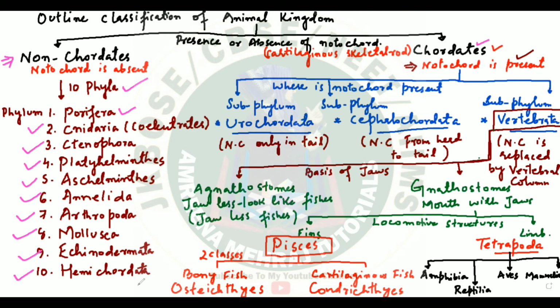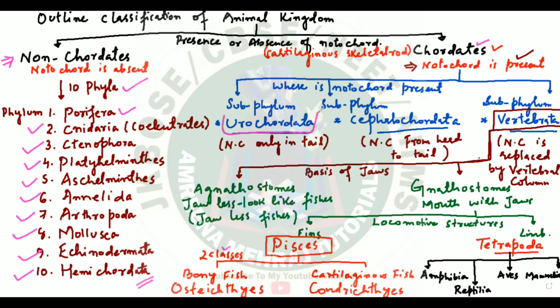As far as the syllabus is concerned, we have to study Hemichordata up to phylum level. Then from this side, we have to go to the level of classes. Okay, let me start from here. Chordates, they do not have notochord. Now, sorry, they have notochord. Based on where the notochord is present, chordates are divided into three subphyla.